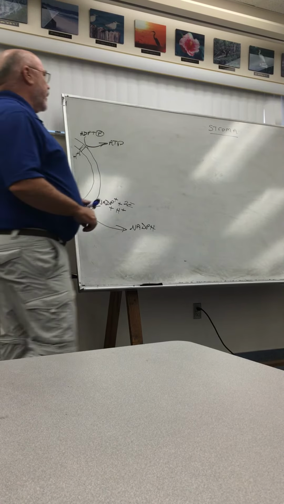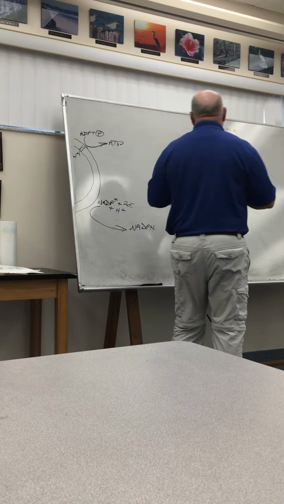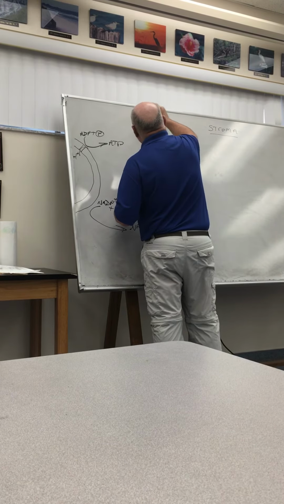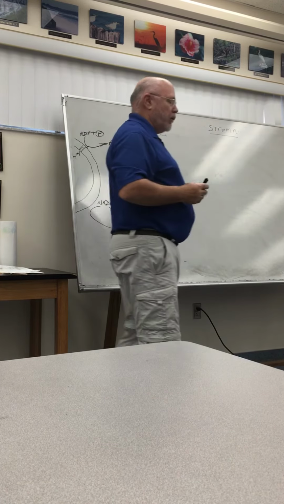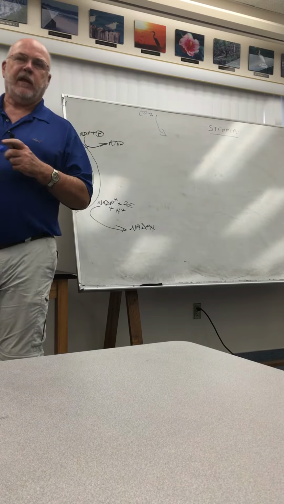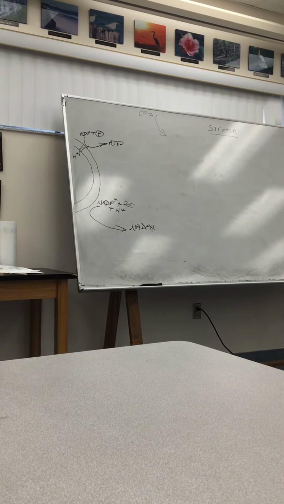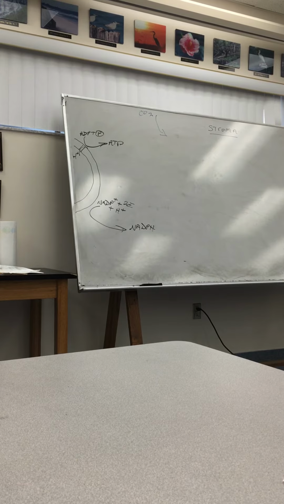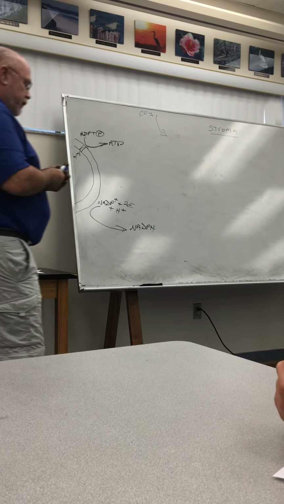In the stroma, this is where CO2 is diffusing into. Where's it coming from? It has entered through an open stomate, typically in the bottom of a leaf. It's gone into the air spaces of the spongy cells of the thickness of a leaf. And now, odds are, it's diffusing into a palisade cell, which is where most of the photosynthesis occurs.